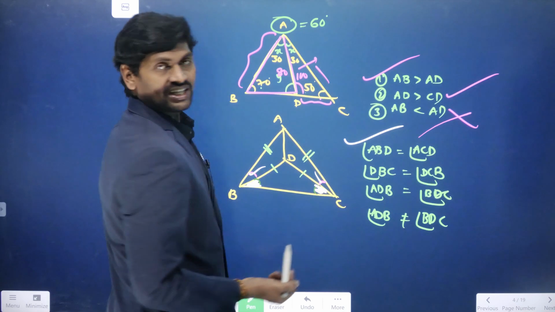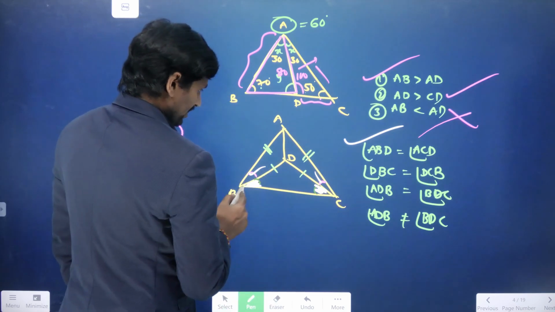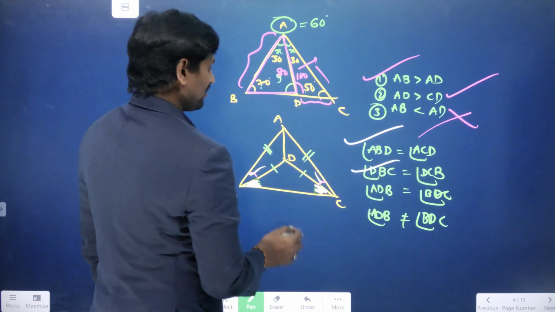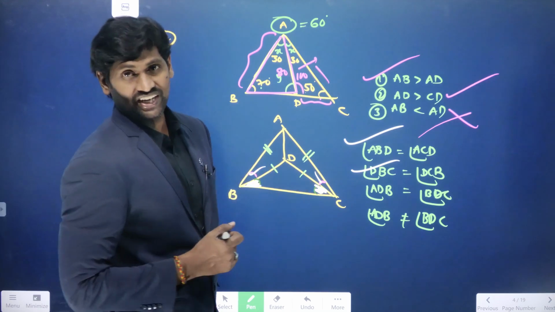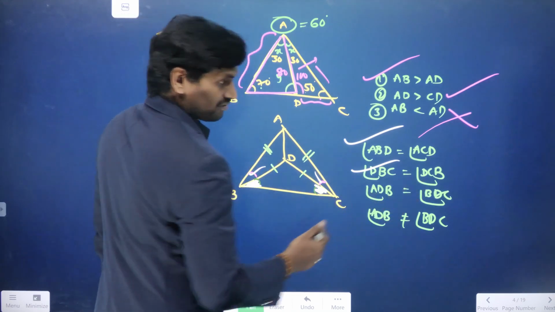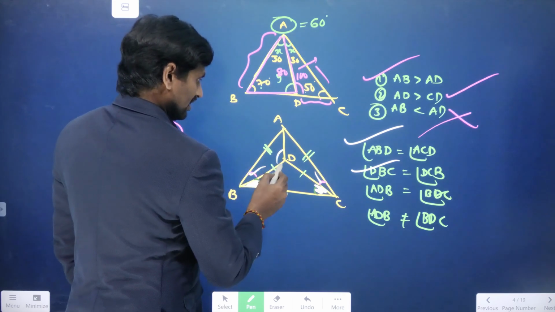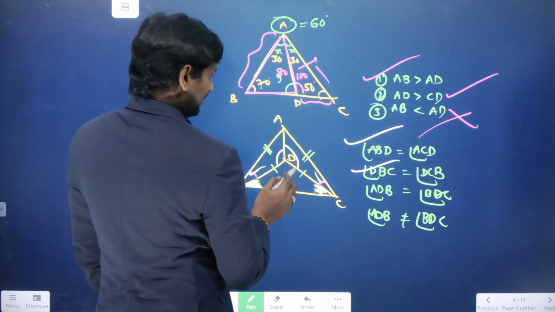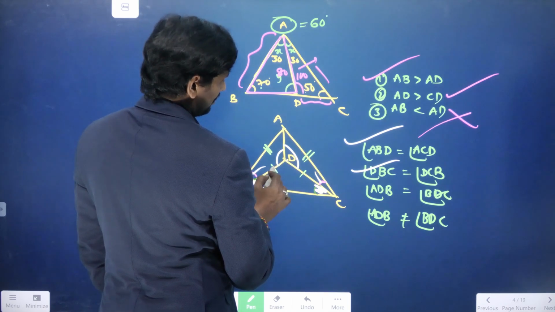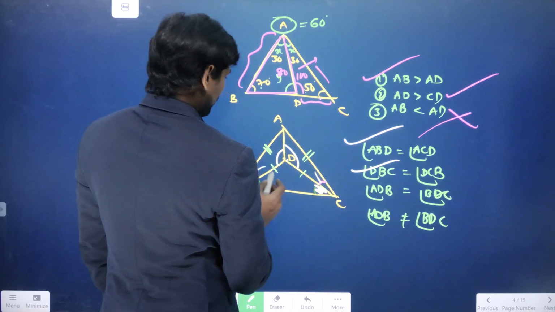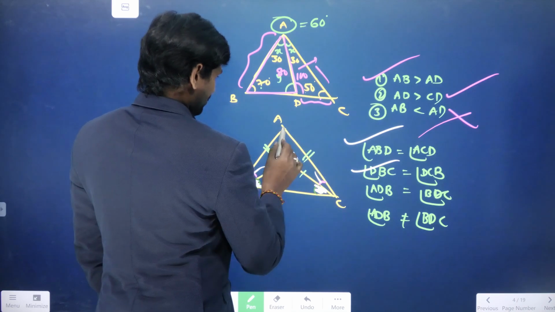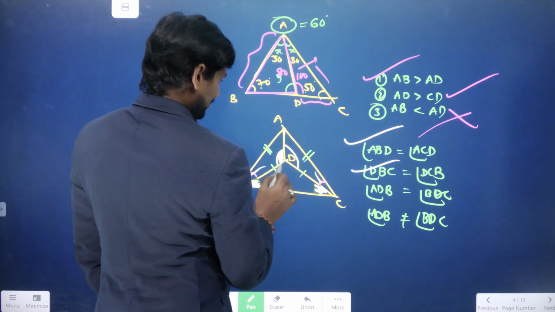Next, DBC and DCB, that is also equal because BDC is an isosceles triangle. Next, ADB equals BDC. ADB is this angle and BDC is this angle.